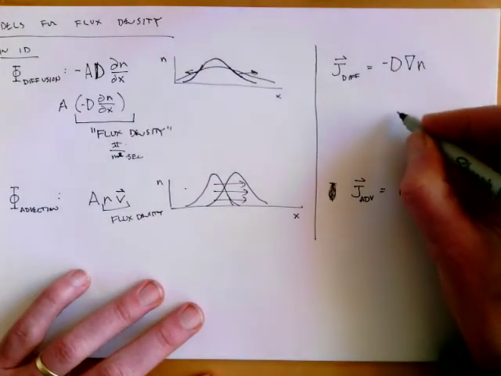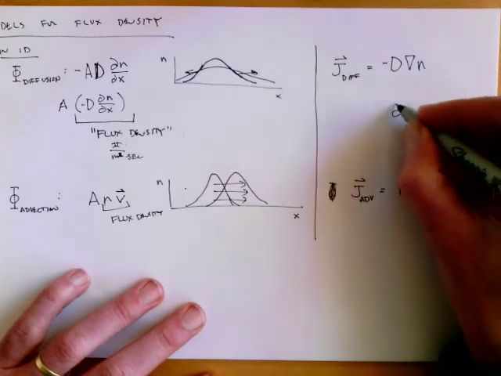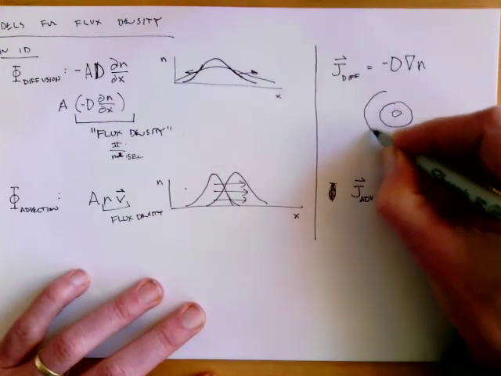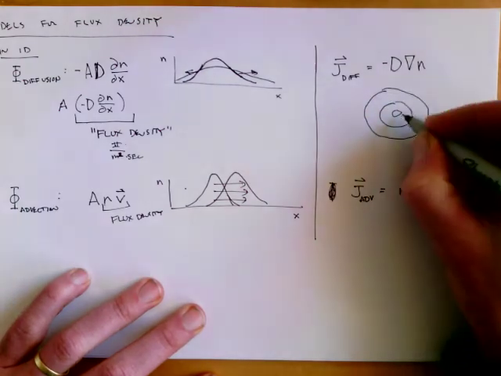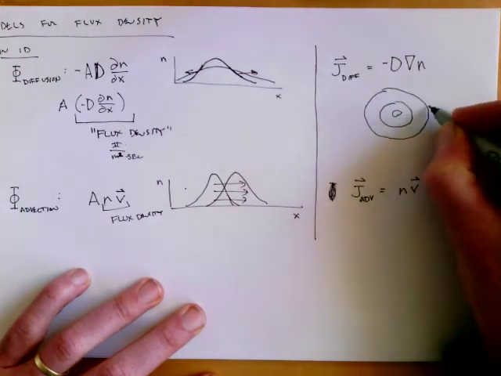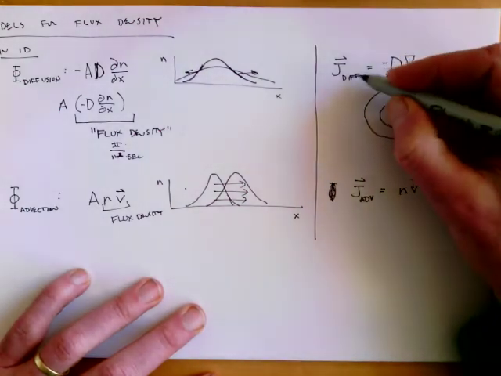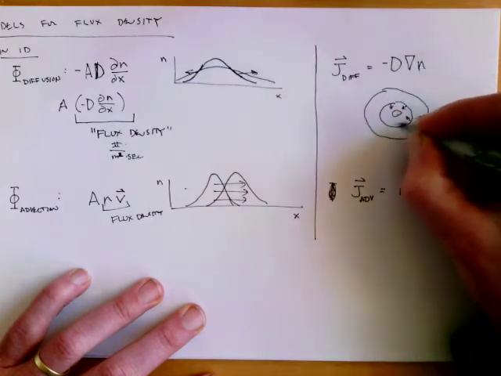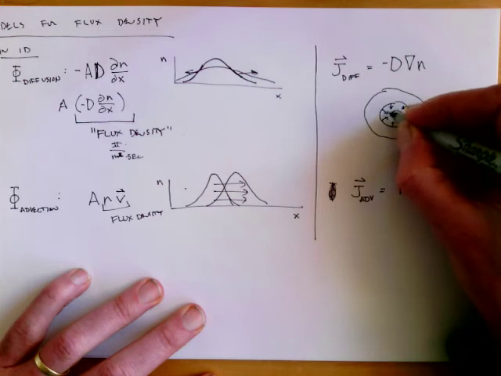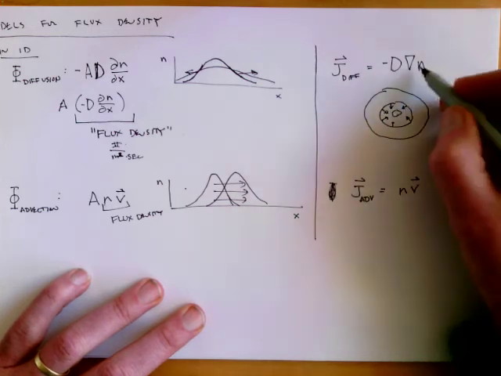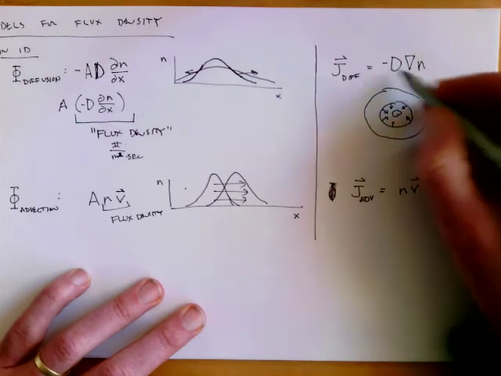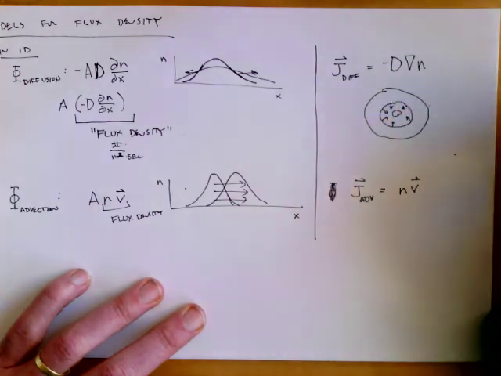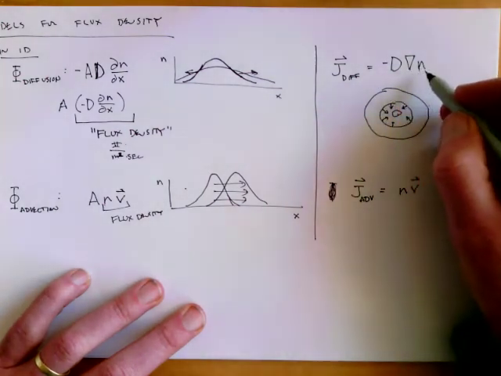But if you draw, say, a contour plot, so let's say I've got some concentration of particles that's really high here, and then it drops off as I get further away. If I think about what the gradient of this looks like, well, gradient always points uphill. So the gradient always points in the direction of increasing concentration. And the diffusion current, or the diffusion flux density, will always point in the direction of decreasing concentration.